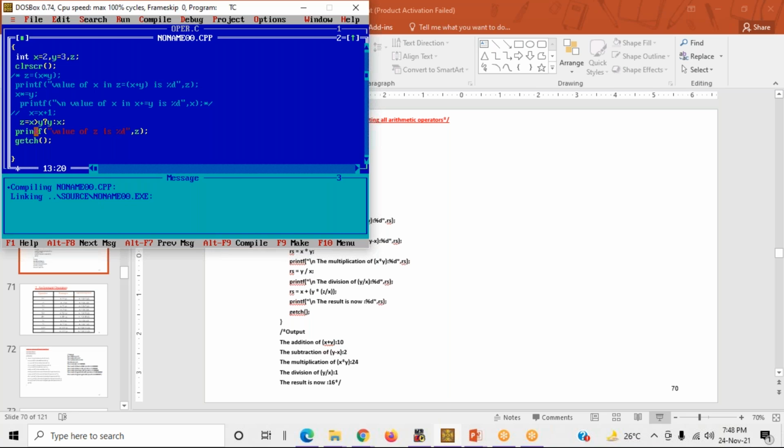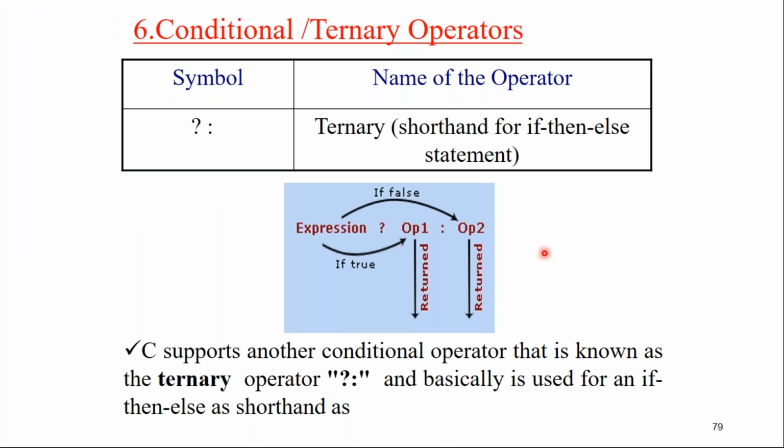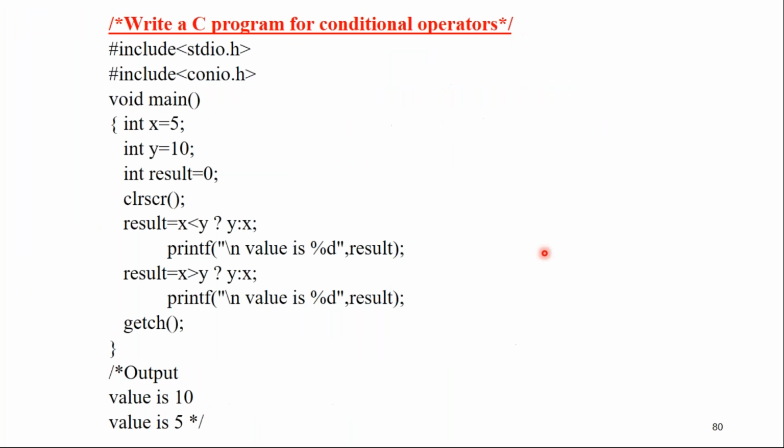If it is true, y will be displayed. If it is false, x will be displayed. So the expression here is false, so x will be displayed. That is the thing. This is what the ternary operator is.